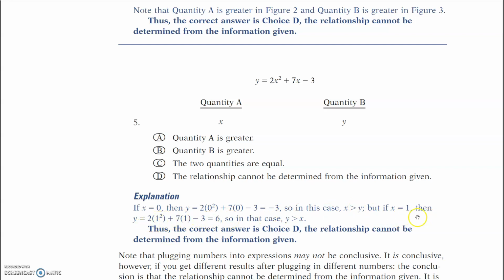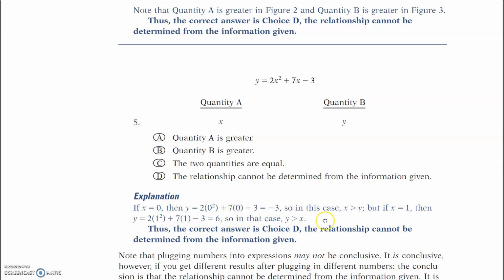So when x is 1, then y is 6. Now can you see that in this case y is more than x, and in the first case, x is more than y. So we've already got a contradictory answer.